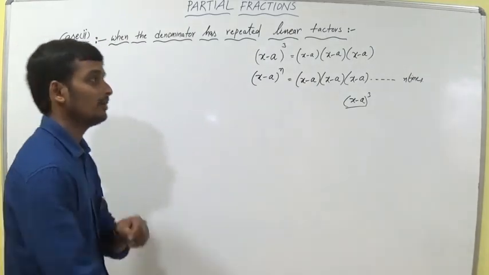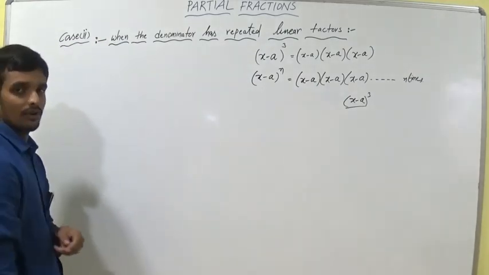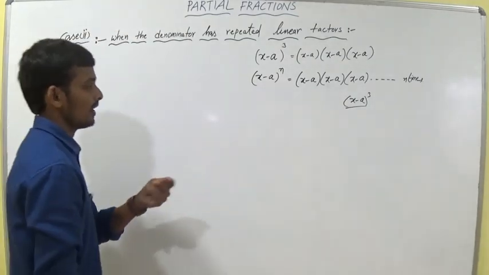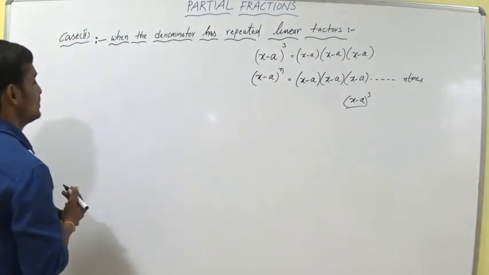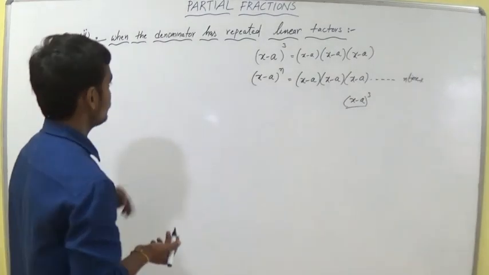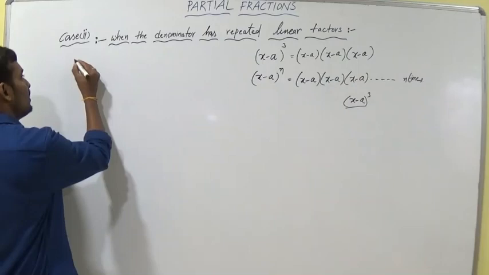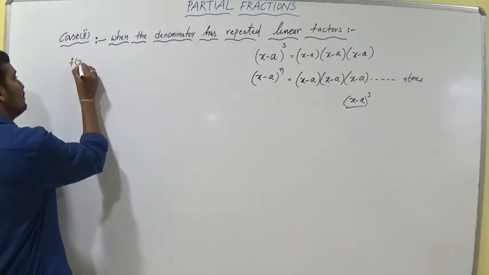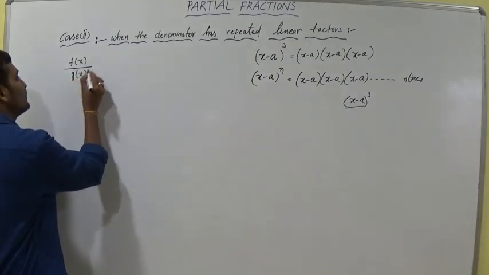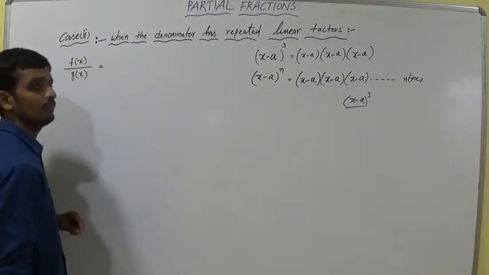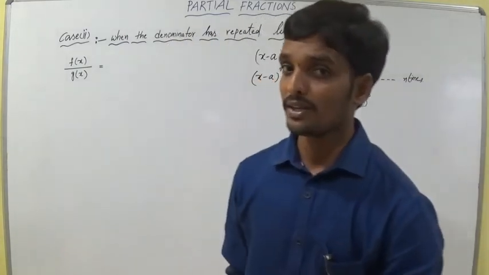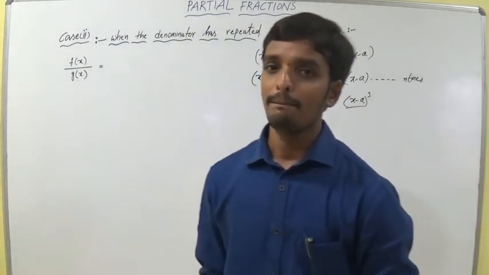For example, as usual, f of x is the numerator, g of x is the denominator. You have to know this principle, so write the notes yourself. Listen carefully. For f of x by g of x, if it is a proper fraction, the sum of proper fractions is a proper fraction, so we can write the partial fractions.